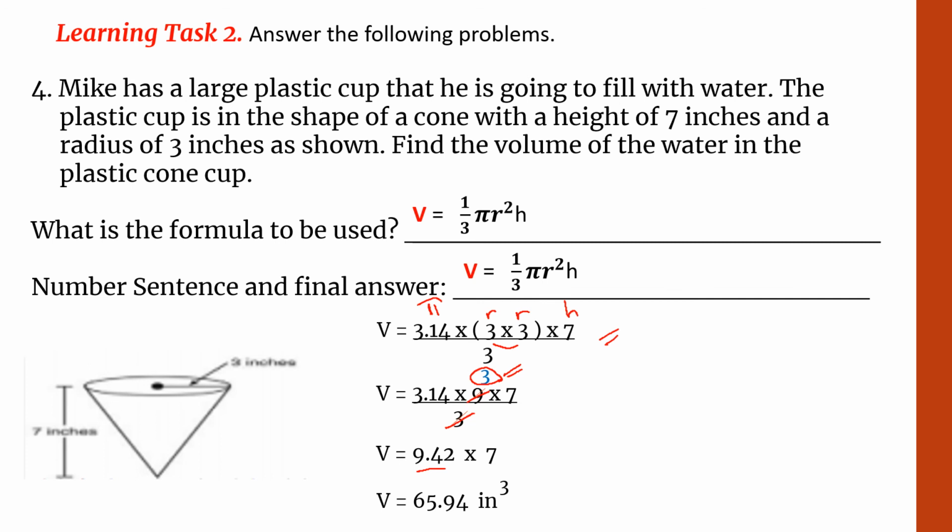So wala na tayong divided by 3 kasi nga na-cancel na natin. And the product of 9.42 and 7 is 65.94. Since ang unit ay inches, nagkaroon tayo ng cubic inches. Therefore, ano ang sagot natin sa problem number 4? 65.94 cubic inches.